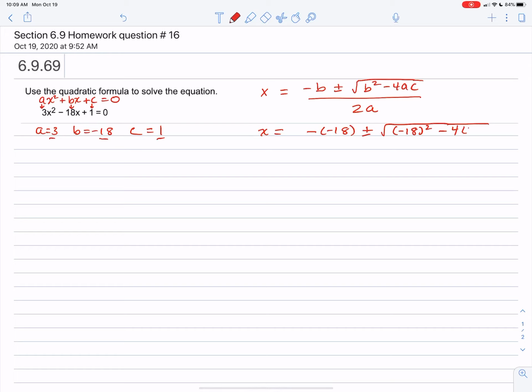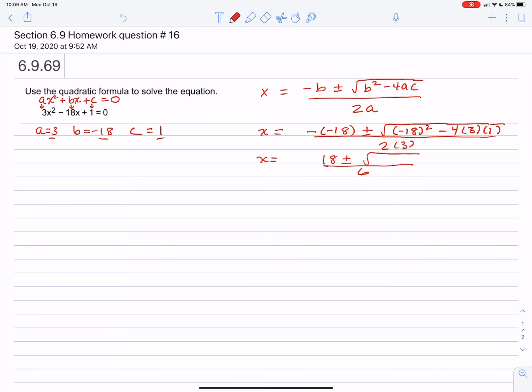So 4 times 3 times 1. All over 2a. So x equals minus a negative 18 would be a positive 18 plus or minus the contents of that radical over 6.